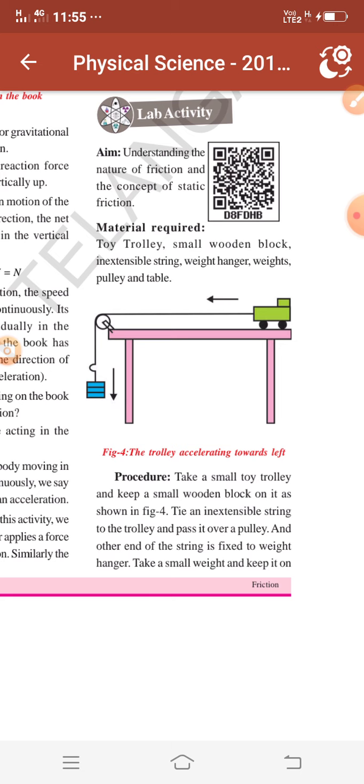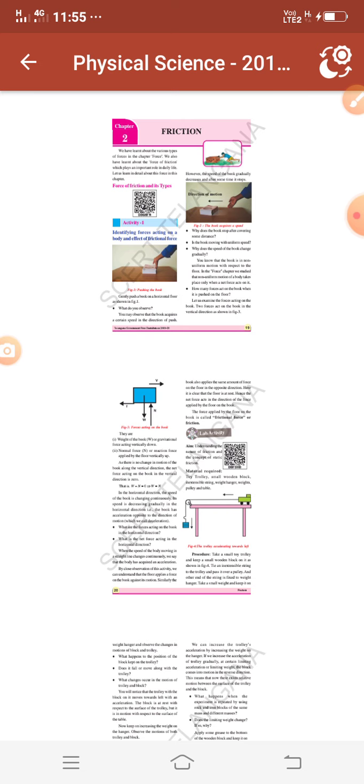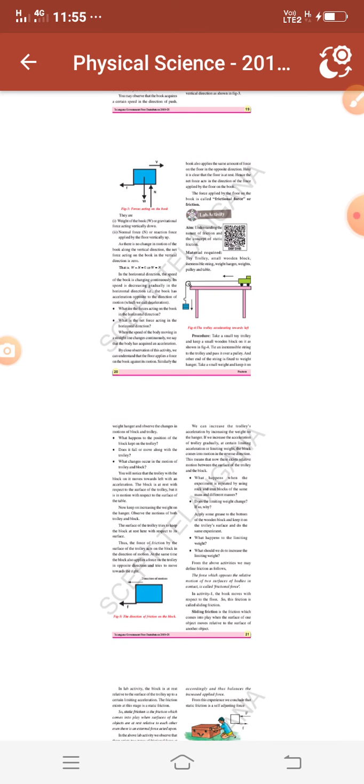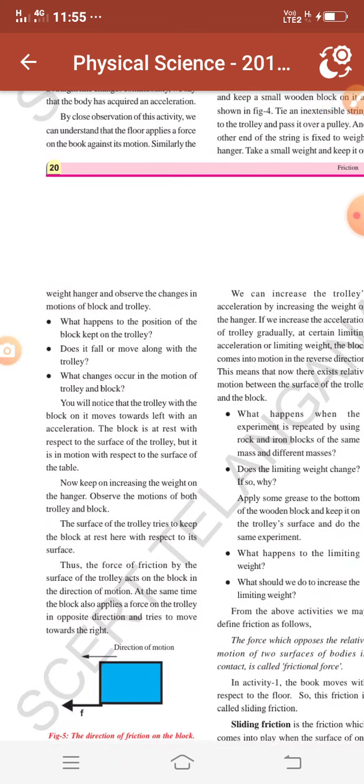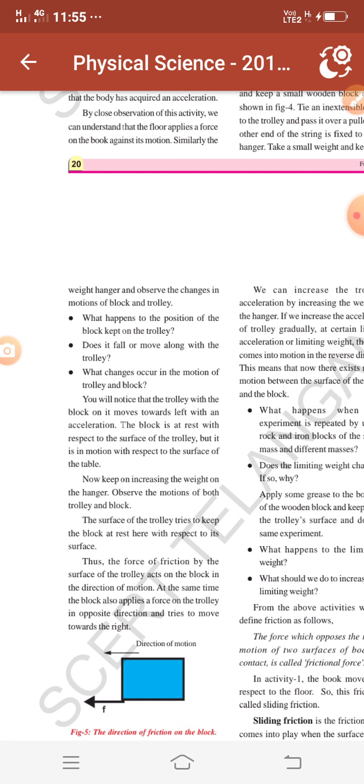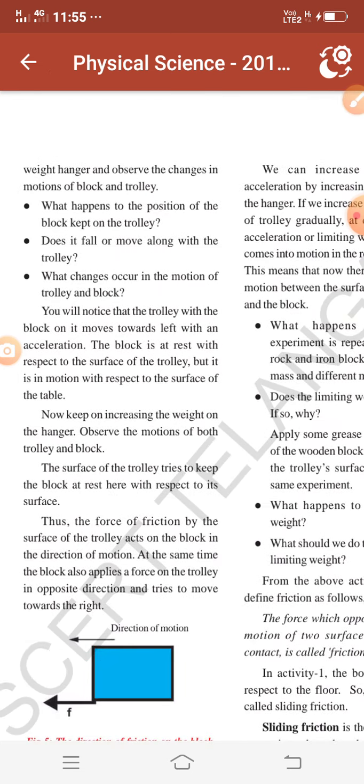Tie an inextensible string to the trolley and pass it over the pulley, and the other end of the string is fixed to the weight hanger. Take small weights on the hanger and observe the change in motion of the block and trolley.